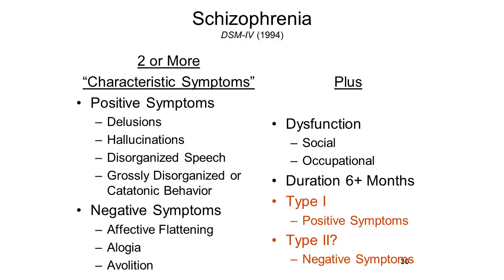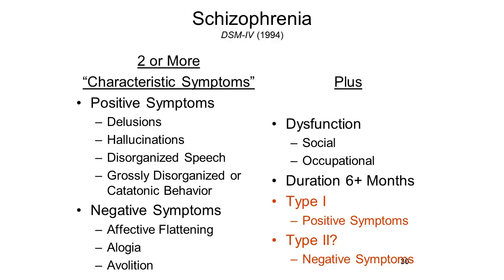These symptoms have to have been active for a period of at least 6 months, and they must cause the person clear problems, creating dysfunction in either the social or occupational spheres of living. What this means is that one patient with schizophrenia may have delusions and hallucinations, while another may have catatonic behavior and flat affect, but both have schizophrenia.